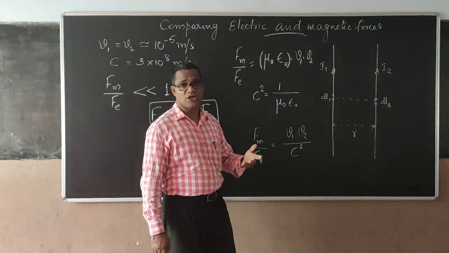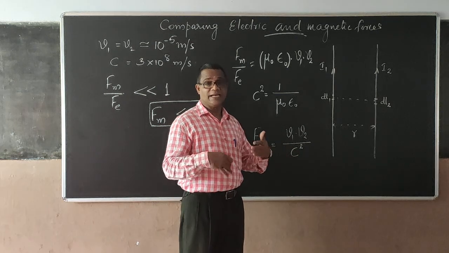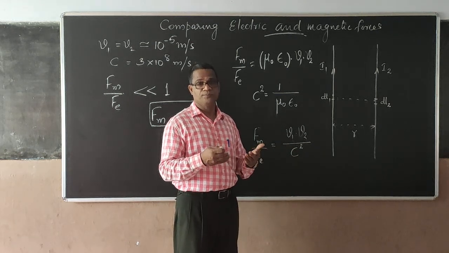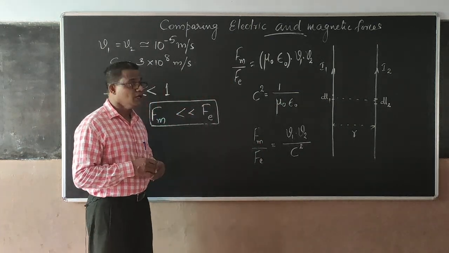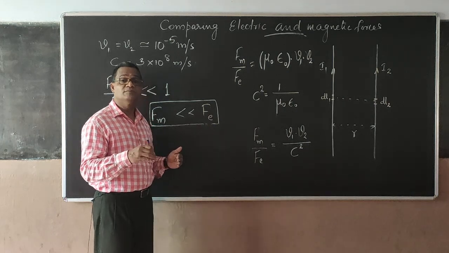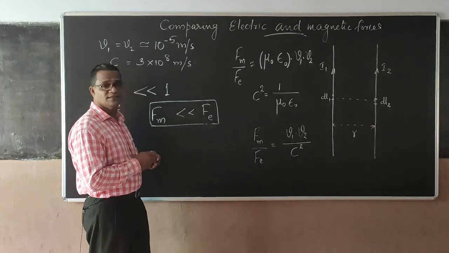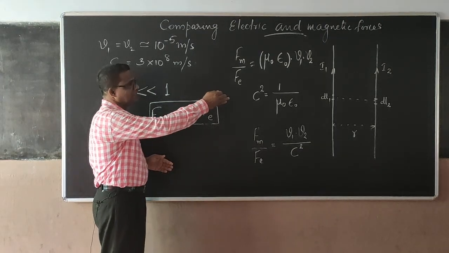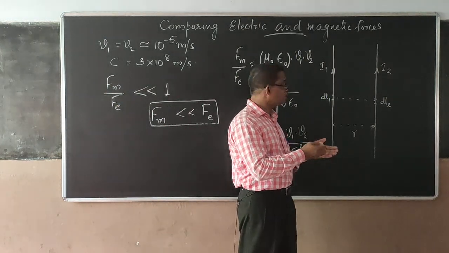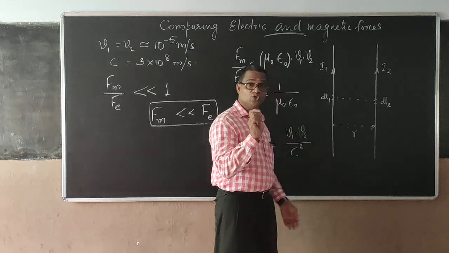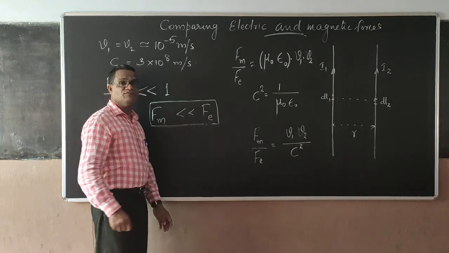So each moving charge contributes to the magnetic force and they add up according to the number. As the number of charge carriers is very large, the magnetic force also becomes very large. So this is why the magnetic effect is found to be much greater than the electric effect in this case, even though the magnetic force is very small compared to the electric force.